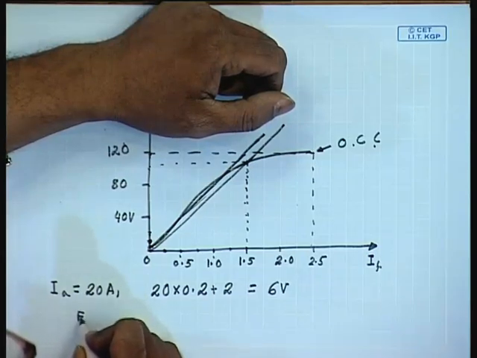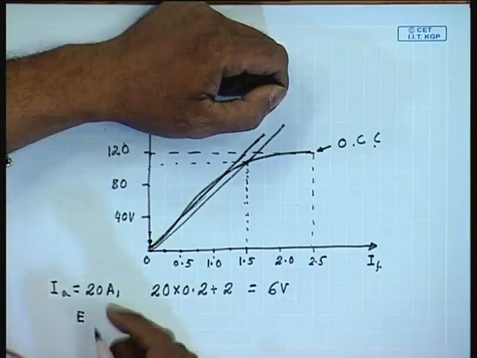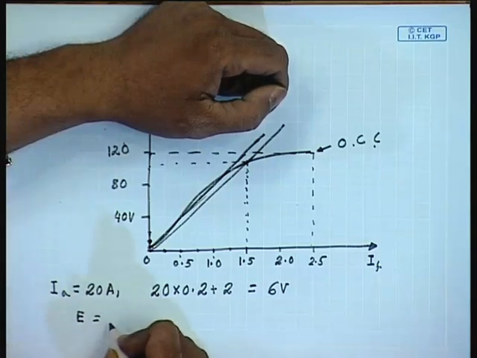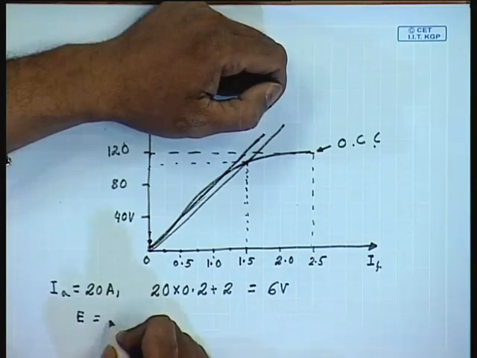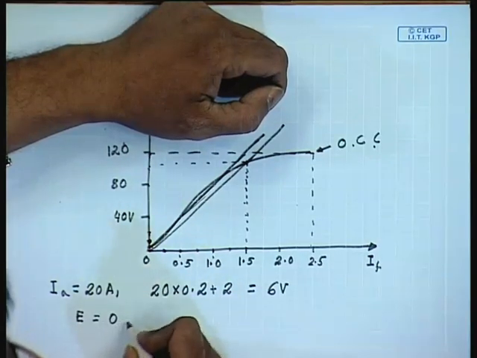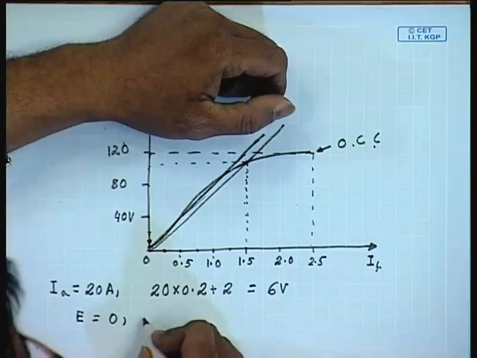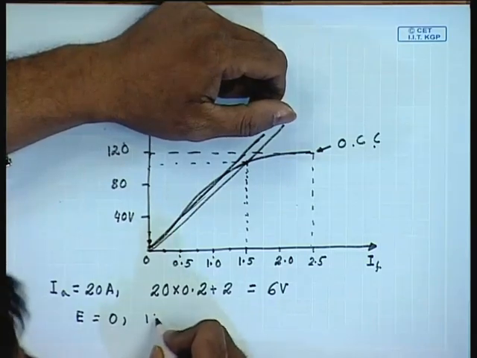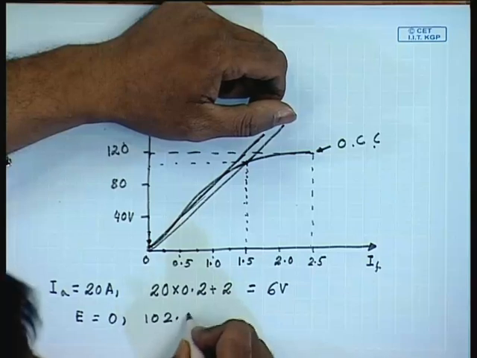E is approximately 102.5 volts and 2.5 volts.